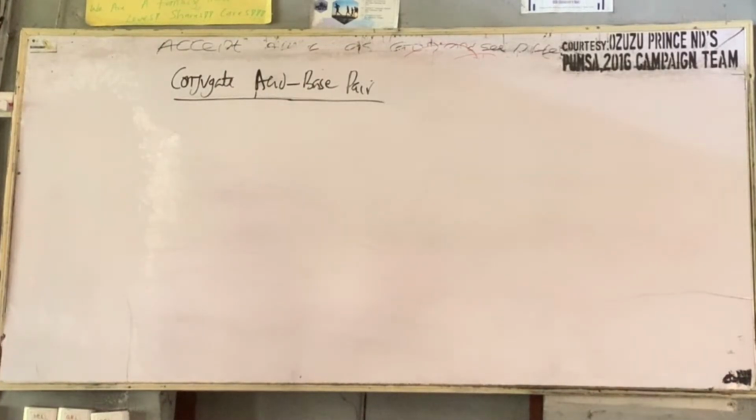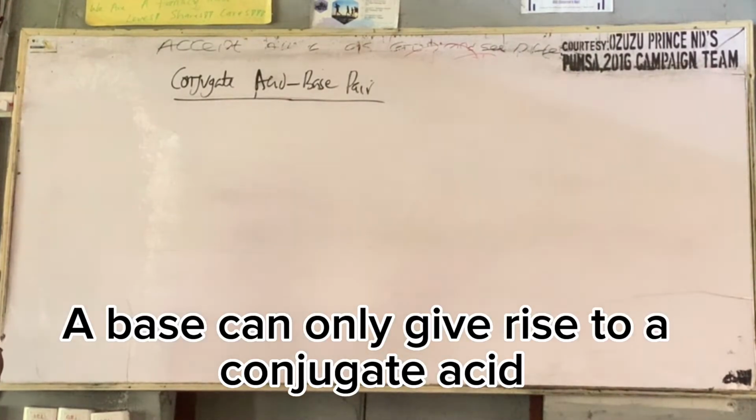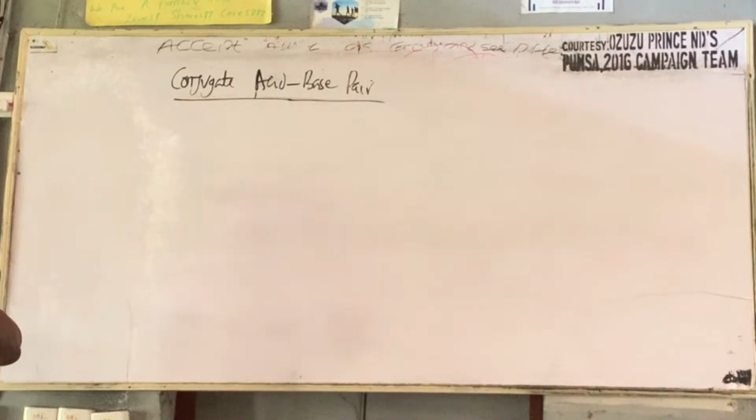An acid can only give rise to a conjugate base. A base can only give rise to what? An acid cannot give rise to a conjugate acid.